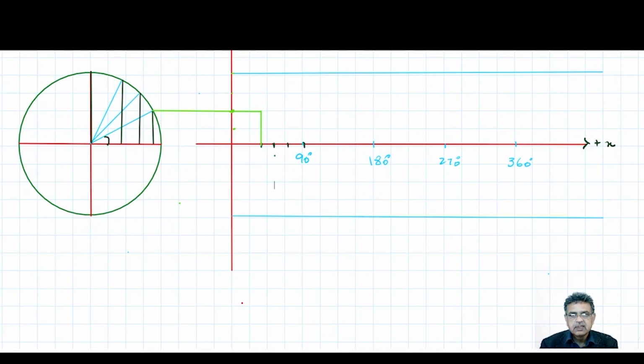Now 45 degrees, once again you can see that this is 45. Keep in mind that I have not marked these angles accurately. These are approximate values. So for 45 degrees, it is approximately this much.